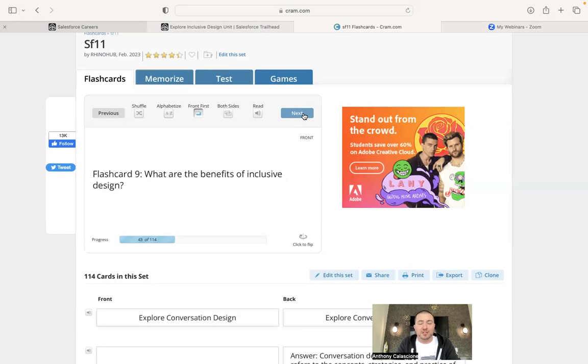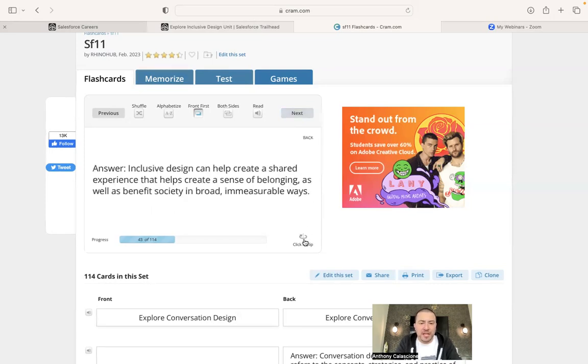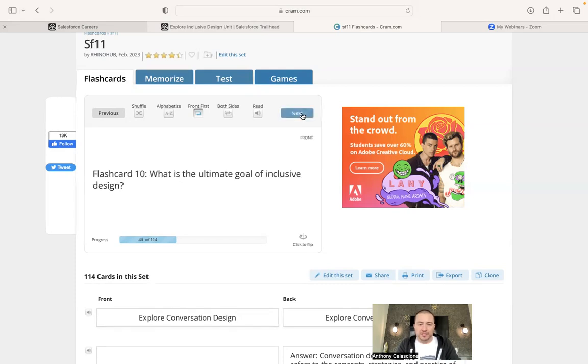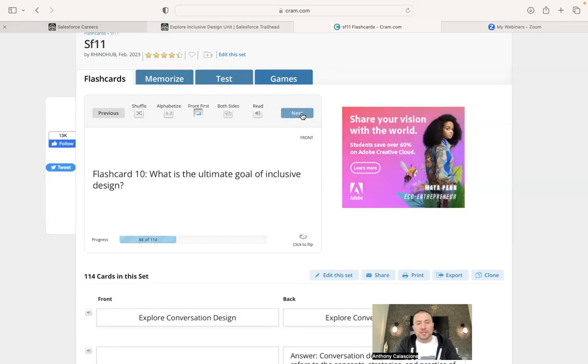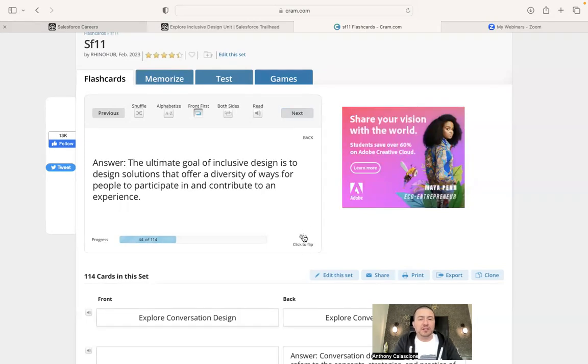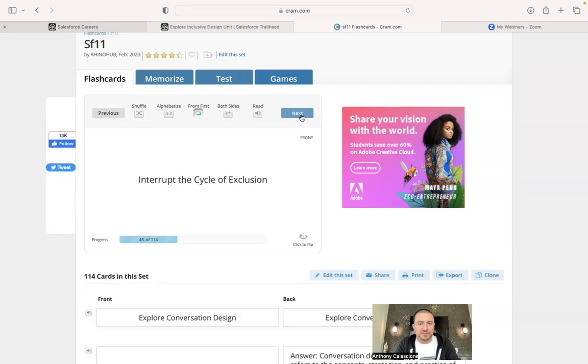What are the benefits of inclusive design? Inclusive design can help create a shared experience that helps create a sense of belonging, as well as benefit society in broad, immeasurable ways. What is the ultimate goal of inclusive design? The ultimate goal of inclusive design is to design solutions that offer a diversity of ways for people to participate in and contribute to an experience.